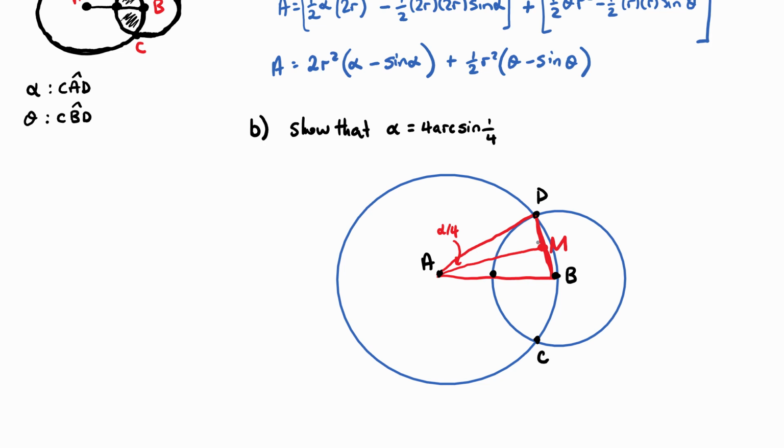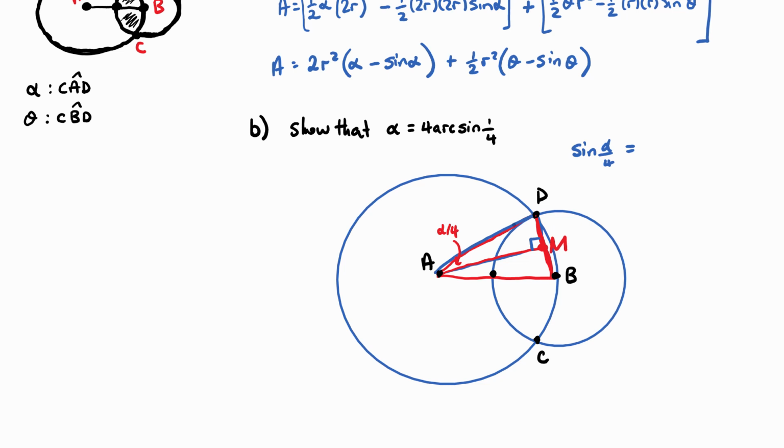So if I picture this as a right angle triangle, which it is, I'm going to have sine of alpha on 4 will equal opposite over hypotenuse. The opposite is a half of dB.